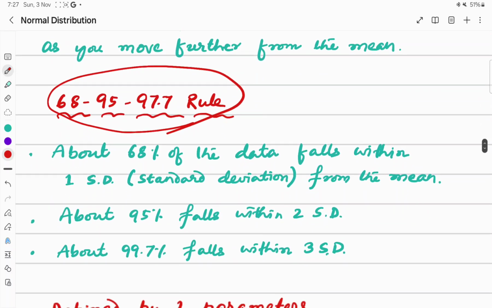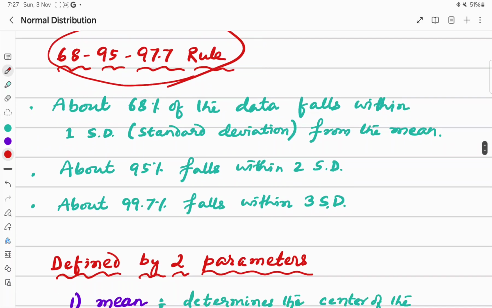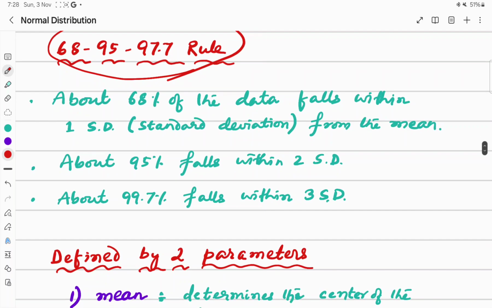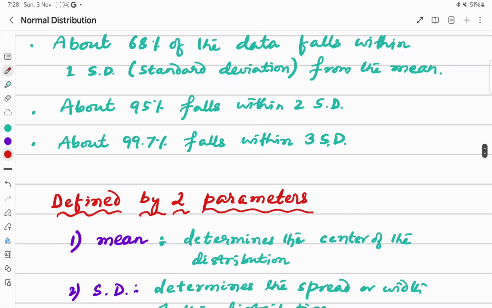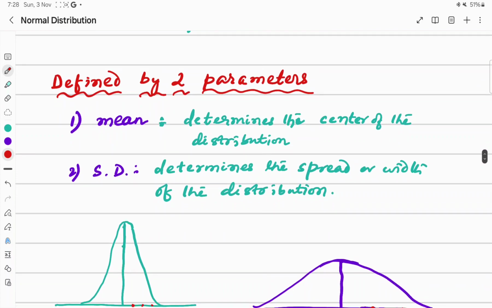Then it follows the 68, 95, 99.7 rule, as we have already discussed. About 68% of the data falls within one standard deviation from the mean, about 95% of data falls within two standard deviations from the mean, and about 99.7% falls within three standard deviations from the mean. And in normal distribution, the data is defined by two parameters.